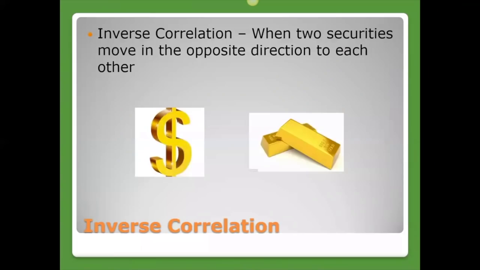Let's talk about an inverse relationship now. We see that US dollar and gold will have an inverse relationship. What happens is during times of risk aversion, when investors are not very excited about taking risk, we see that gold will go up, but US dollar will go down. So this is another relationship that we can pay attention to if we find that stock markets are not doing so well.